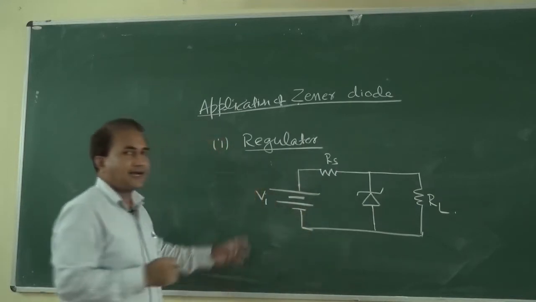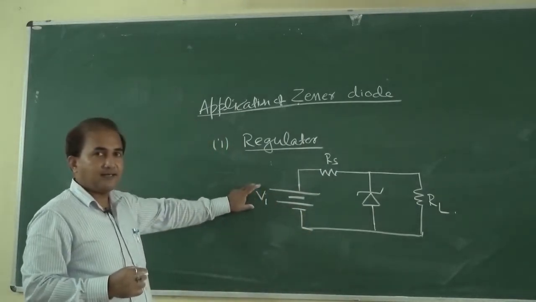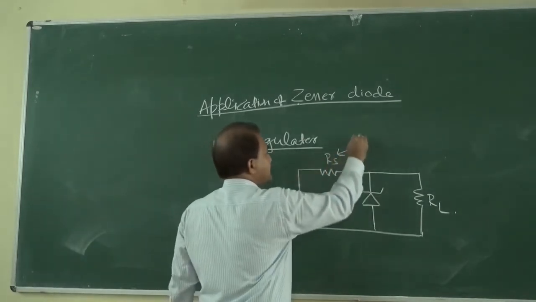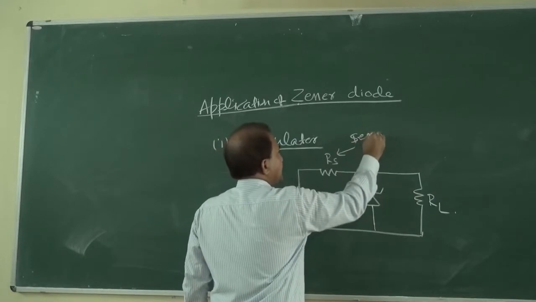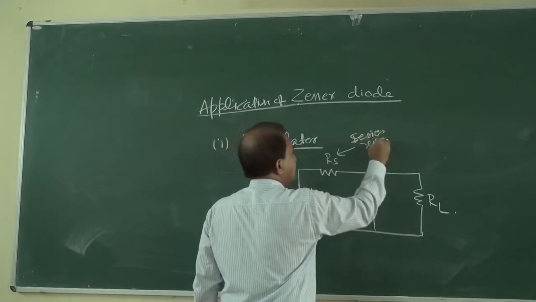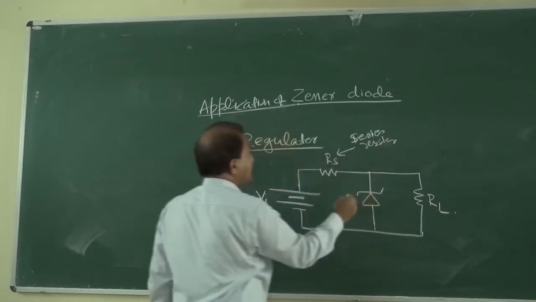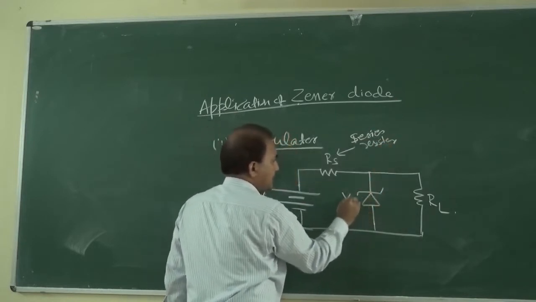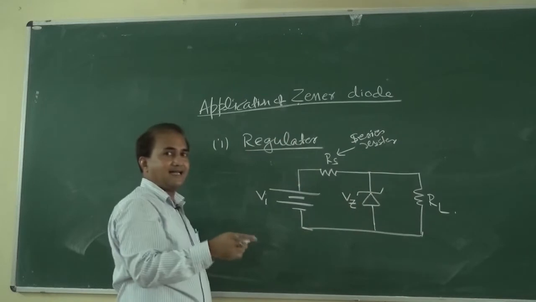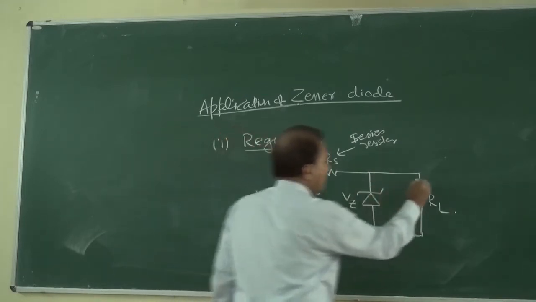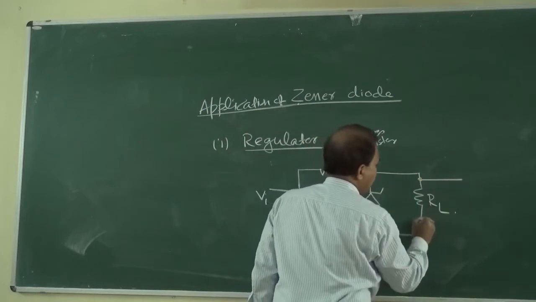Suppose VI is the unregulated DC voltage. RS is the series resistor. And this is the Zener diode, represented as Vz and PZM, and this is RL.